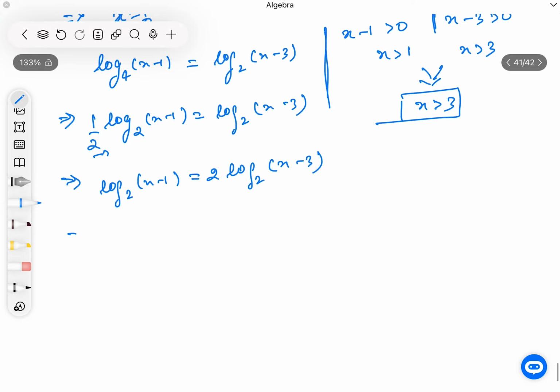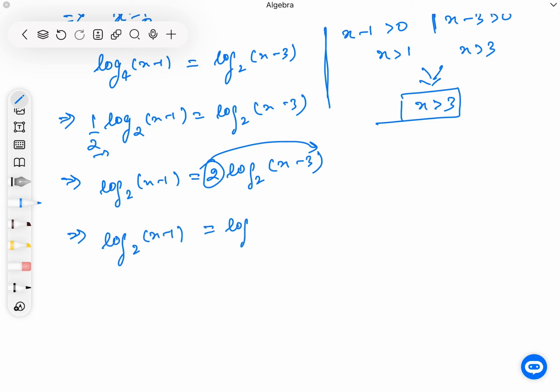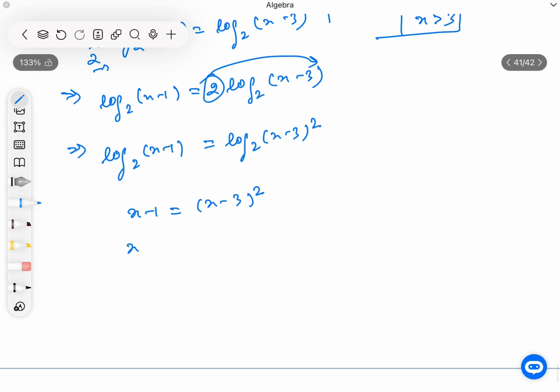Now I can take this numerator as a power of this x minus 3. So let's do that. x minus 3 square. Now you can see that the base is the same. So I can write x minus 1 equals x minus 3 square. So x minus 1 equals x square plus 9 minus 6x.